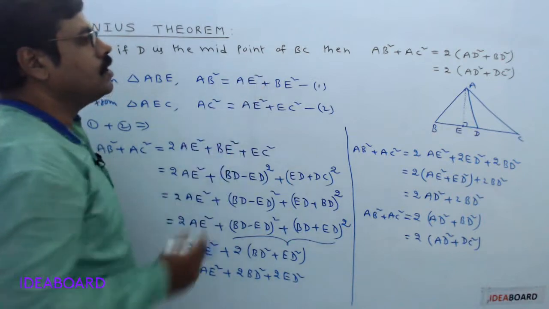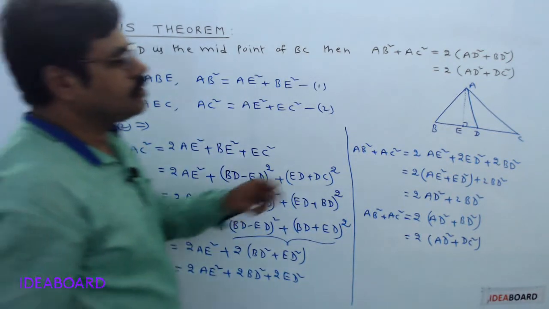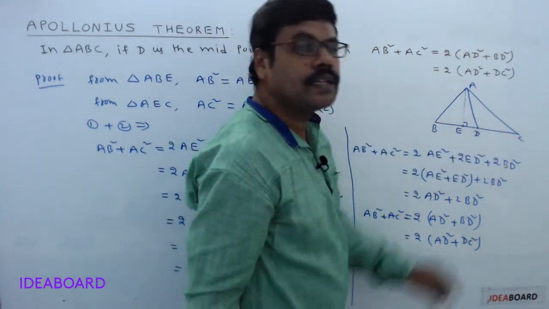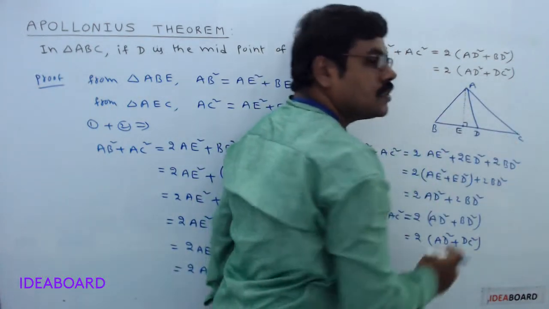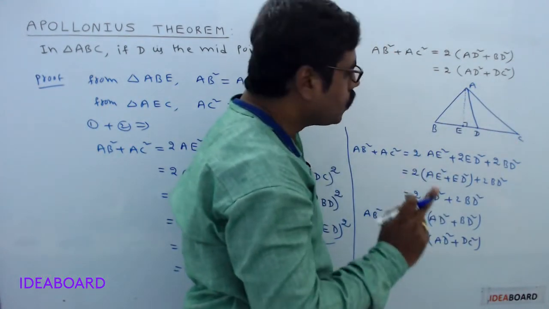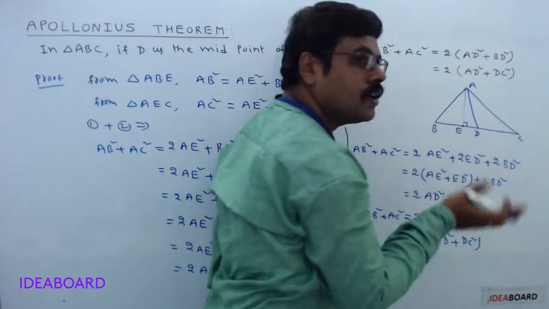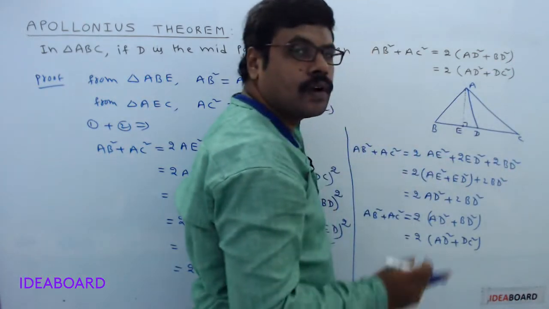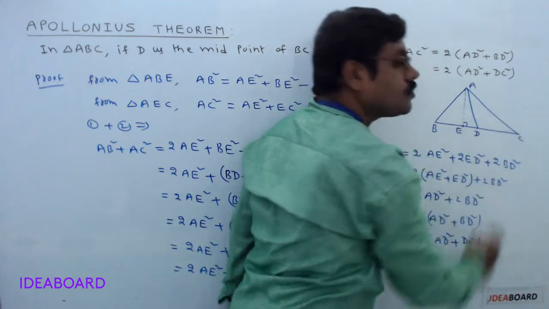So what is the Apollonius theorem? In triangle ABC, if D is the midpoint of the side BC, then AB square plus AC square equal to 2 into (AD square plus BD square), or AB square plus AC square equal to 2 into (AD square plus DC square).